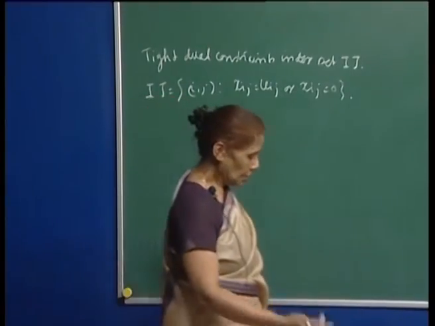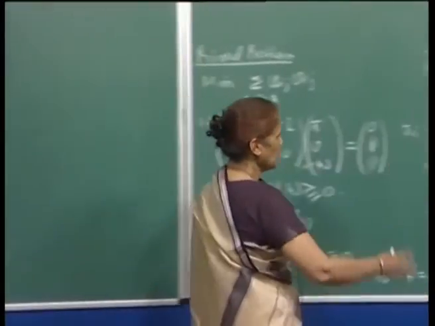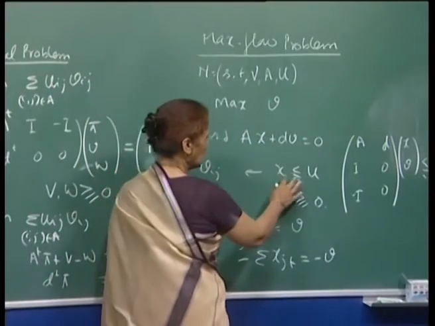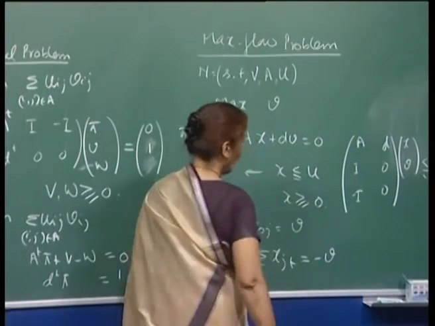These are the only possibilities, because the other set of constraints are all equality constraints. Remember, these are flow conservation equations. So either x_ij is u_ij or x_ij is 0.